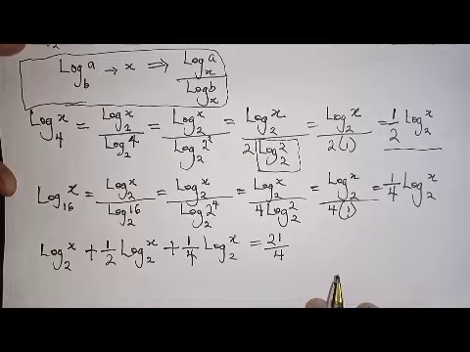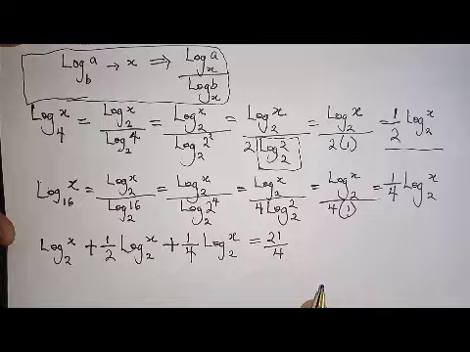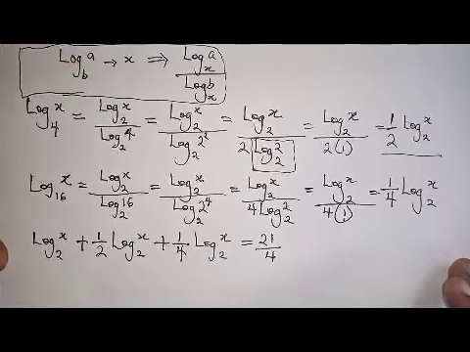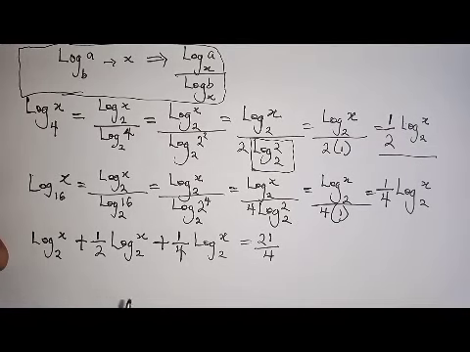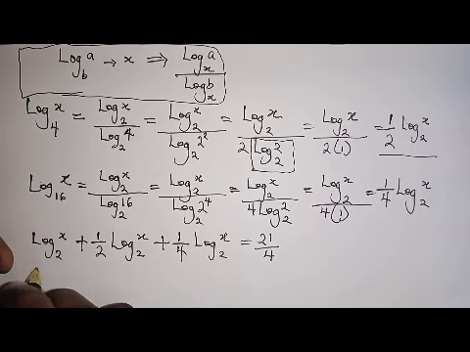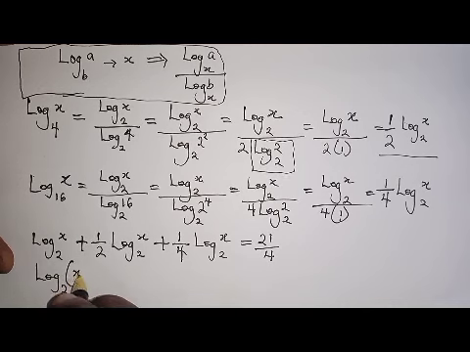So what am I going to do next? Remember also one of the laws of indices, the product law. When you're given log of X times Y in base A, it is simply going to give us log X in base A plus log Y in base A. So now I'm going to move from front to the back this time. This is going to give me log base 2 of X raised to power 1.